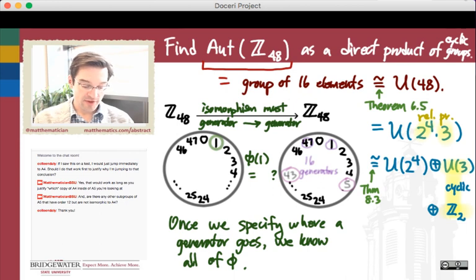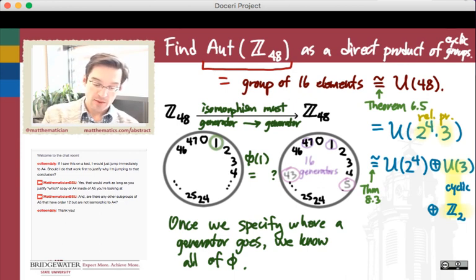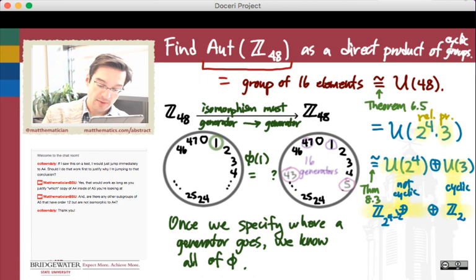And since 3 is prime, phi of 3 is 2. So that just gives me a Z2 in that factor. Meanwhile, U of 2 to the 4th, because it's a power of 2, is not cyclic in and of itself. It, on the other hand, is isomorphic to Z of 2 to the 4 minus 2, direct sum Z2.